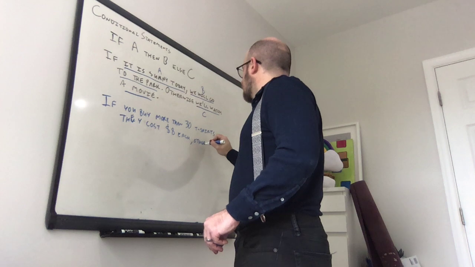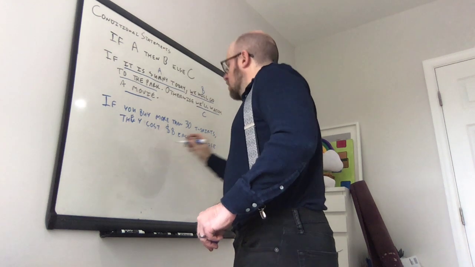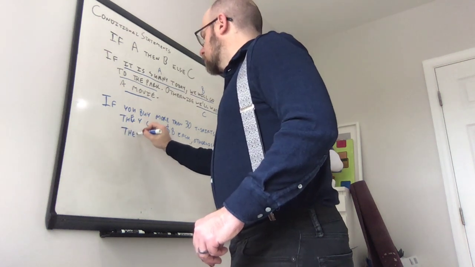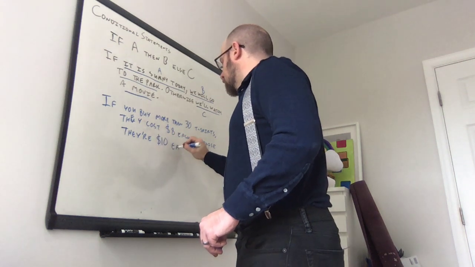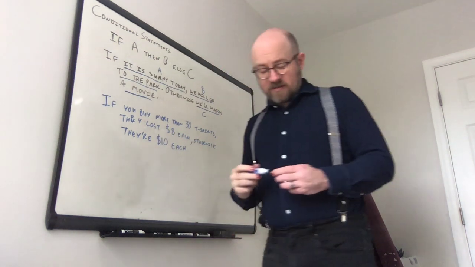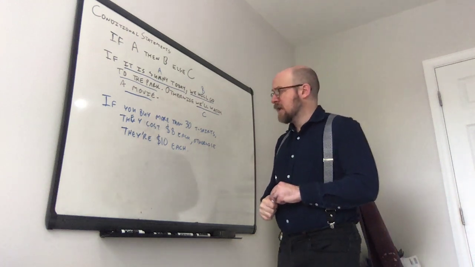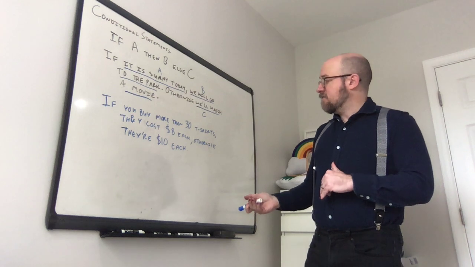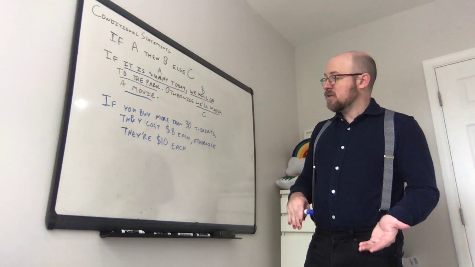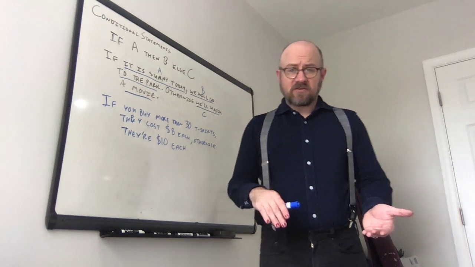Otherwise, they're $10 each. Okay, so this is a little bit more of a mathematical statement. If you buy more than 30 t-shirts, they cost $8 each. If you buy less than 30, they cost $10 each.